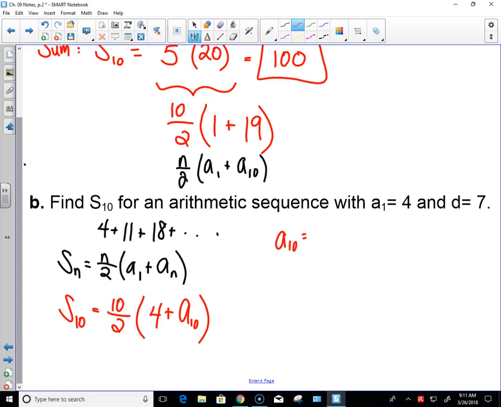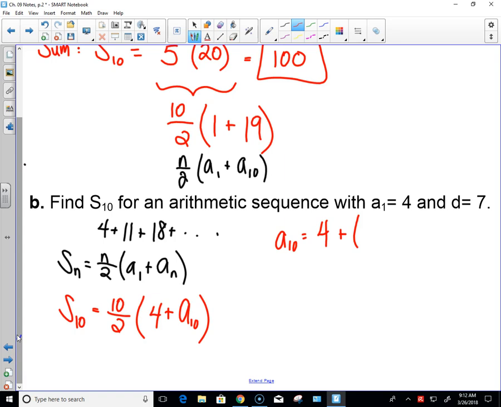Couldn't they be asking for the 50th sum? We wouldn't jump to the 50th term one by one, hopefully. How do we jump to the 10th term? Add 7, but how many 7s to the a sub 1, or to the 4? Ooh, not 6. It is 1 fewer than where we're trying to get to.